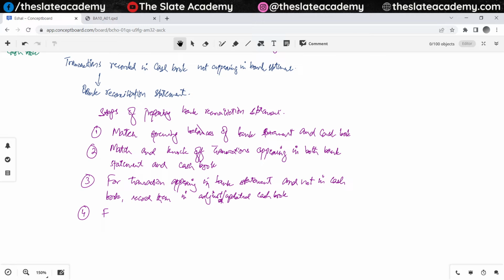Acha ji. And lastly, what remains is transactions which are appearing in the cash book and haven't appeared in any bank statement at all.